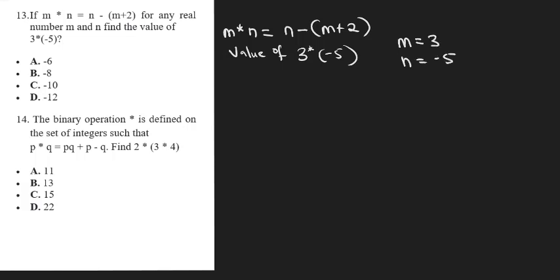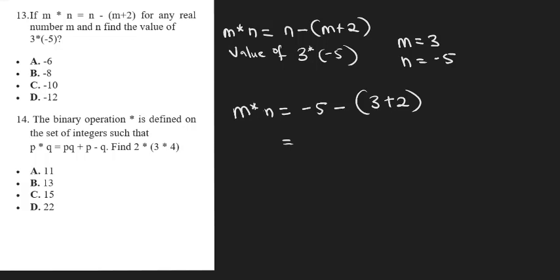So that's it. You can say that our m now is 3 and our n is minus 5. If that's the case, we're going to substitute this into this formula, right? So now if you substitute it, m asterisk n is equal to, what is our n? Our n is minus 5. It's going to be minus 5 minus, what is our m? Our m is 3, plus 2, right?